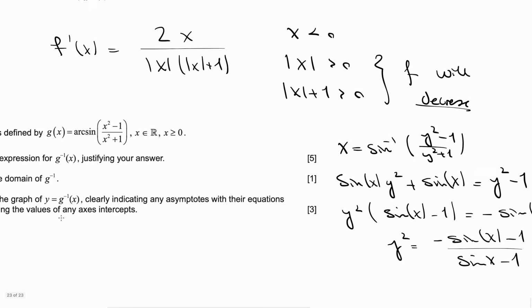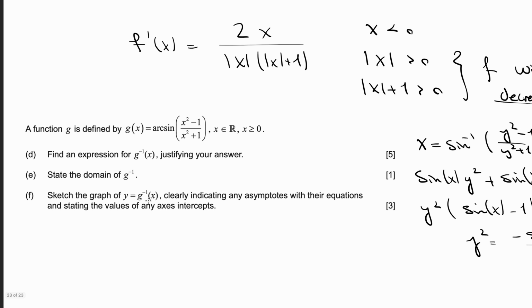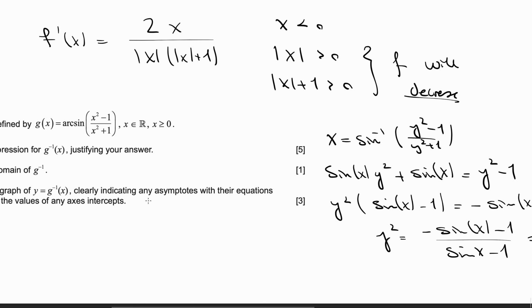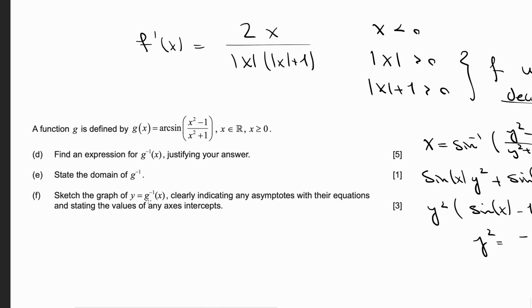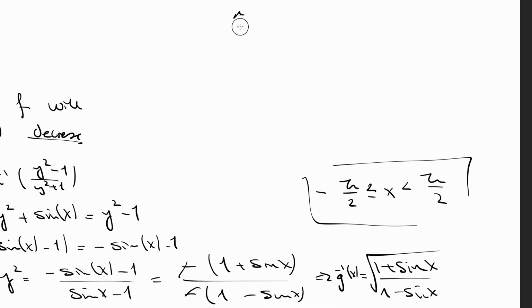Alright, last part, sketch the graph of y equal to g inverse of x, clearly indicating any asymptotes with their equations and stating the values of any axis intercepts. Asymptotes.